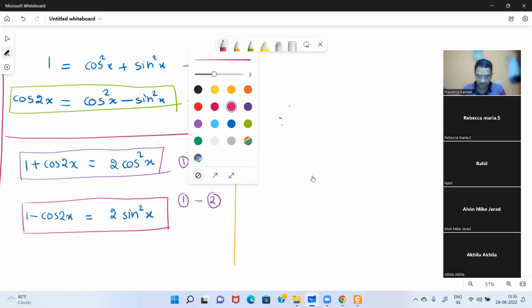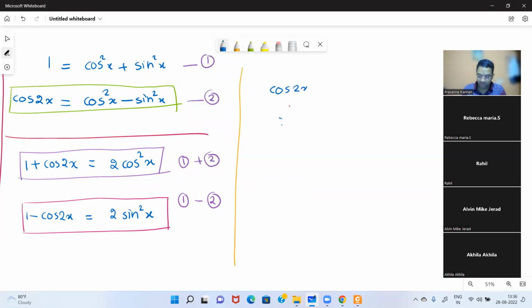So from this we can write. Of course the first one is cos 2x is equal to what did we get? Cos square x minus sin square x. Correct.